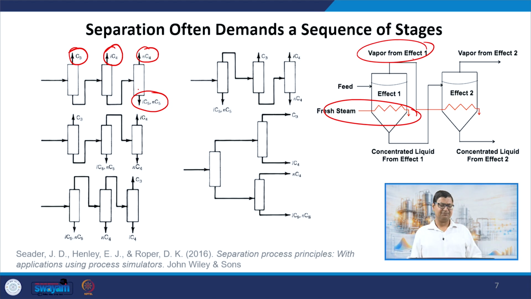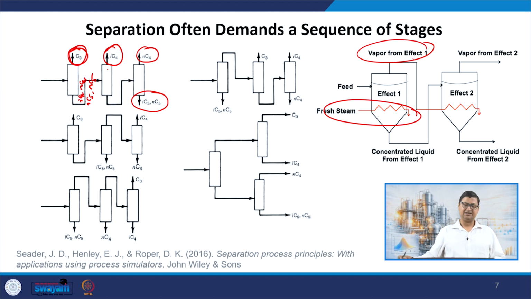Let us say these are the 5 products which I want to separate as much as possible. So, you see, in the first stage the C3 comes out, then the remaining is everything else that is going in here, which is IC4, then NC4, then IC5, then NC5, all of them gets there.